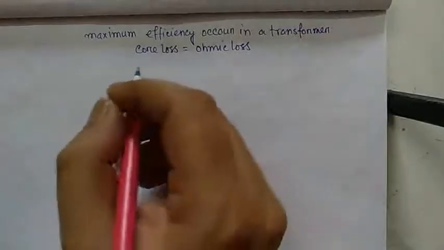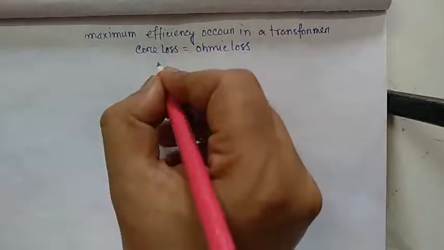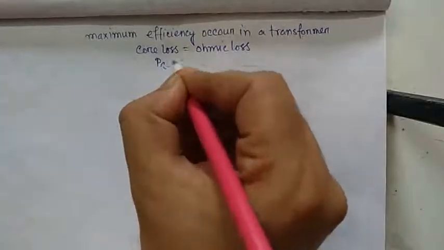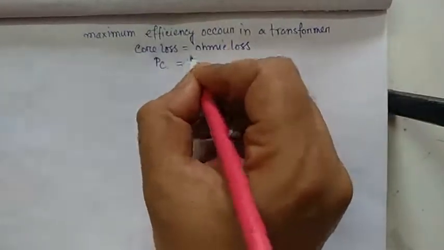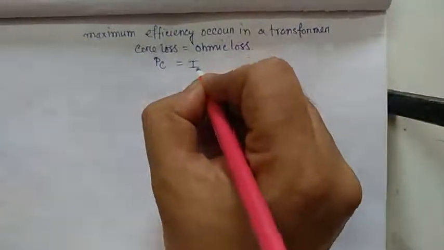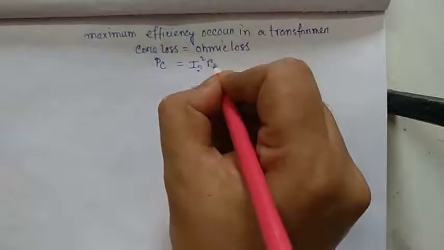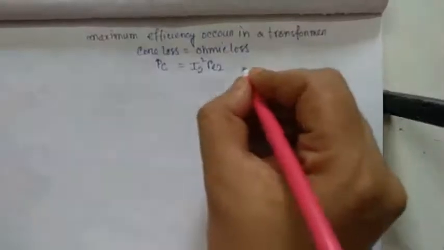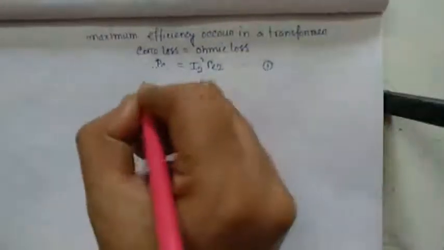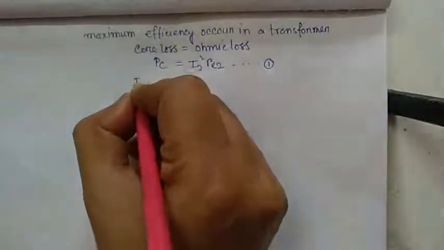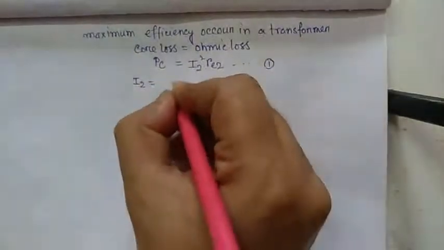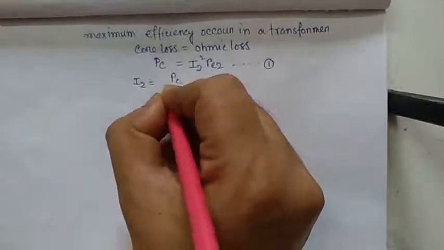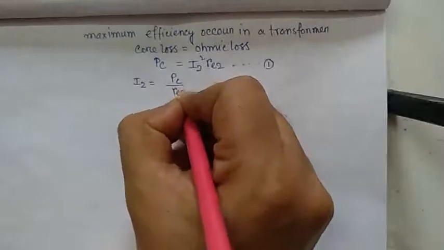Here the core loss is written as PC and the ohmic loss as I2 square RE2. From this equation we can write that I2 is equal to the root of PC by RE2.